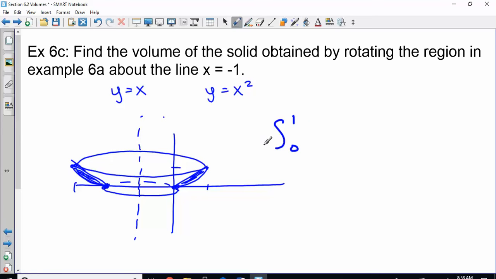Then we would do pi times our radius squared, but we have 2 of them, so you'll have to subtract them. And we already said we're going to do dy.